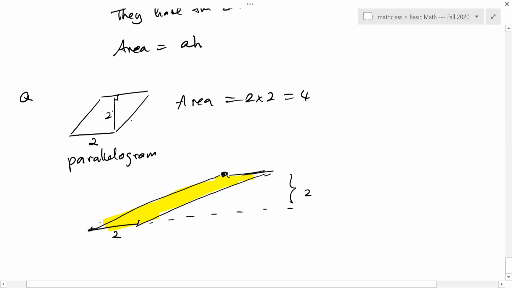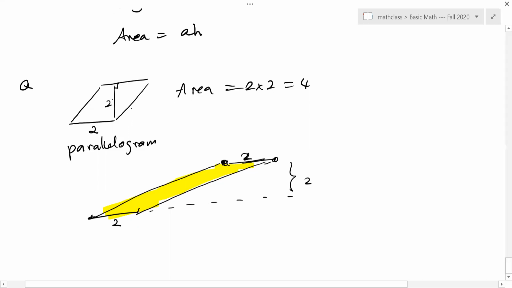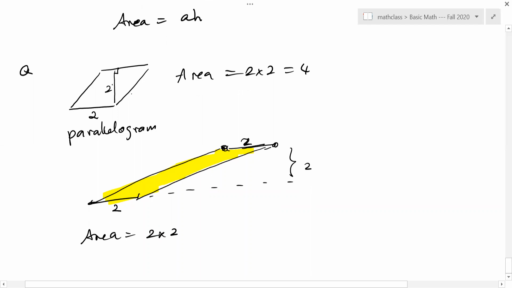Imagine this getting longer and longer. If you move the top one all the way to the right-hand side, the area still equals 2 times 2, but it's getting narrower and narrower as the other side gets further away. So the area still equals 2 times 2.